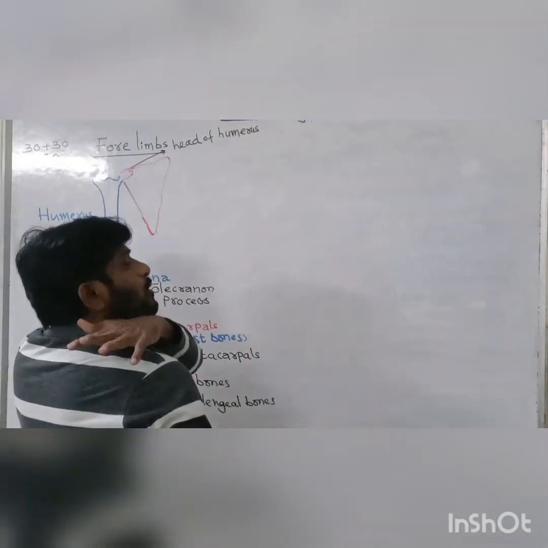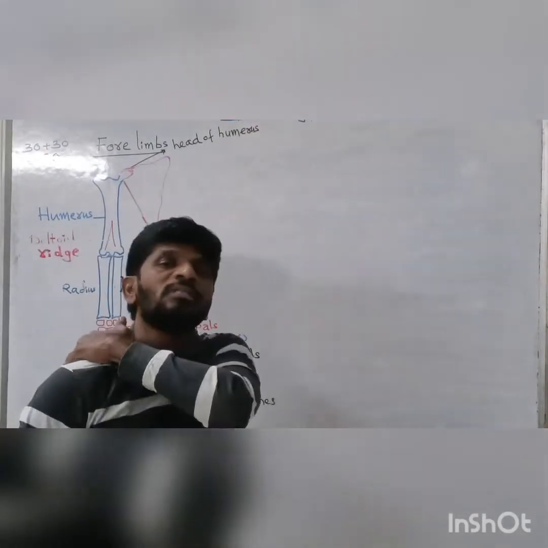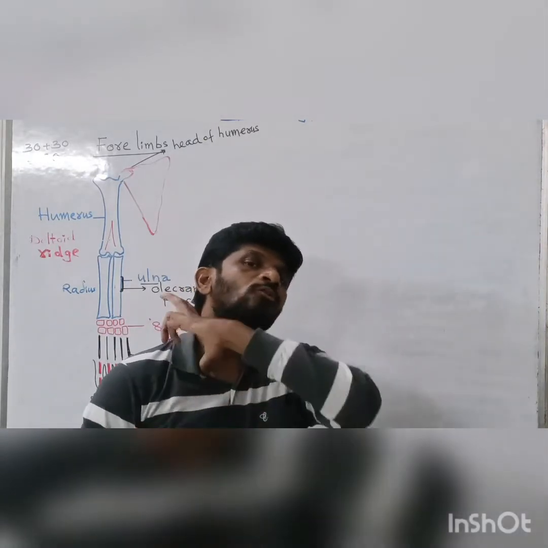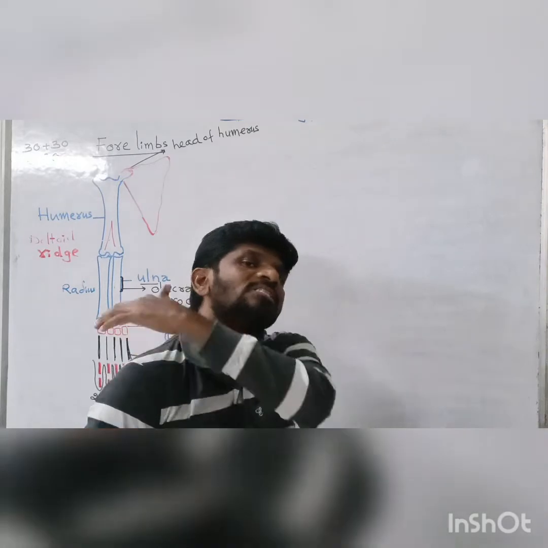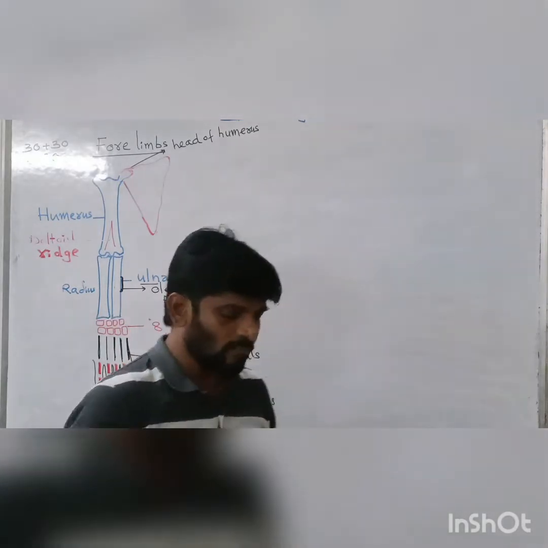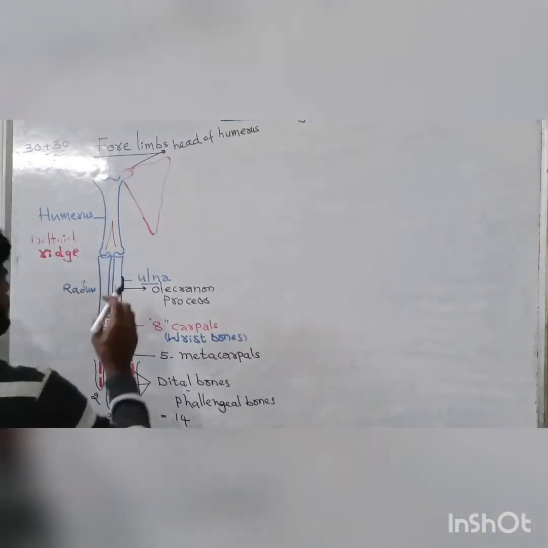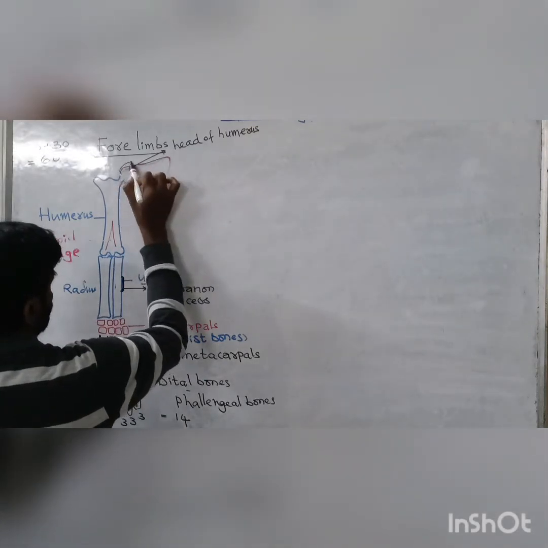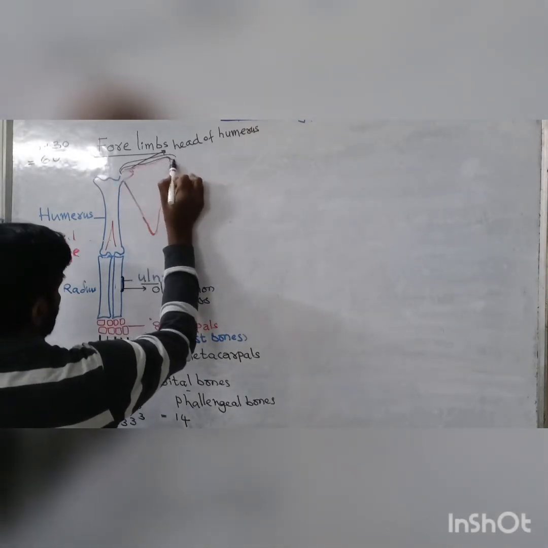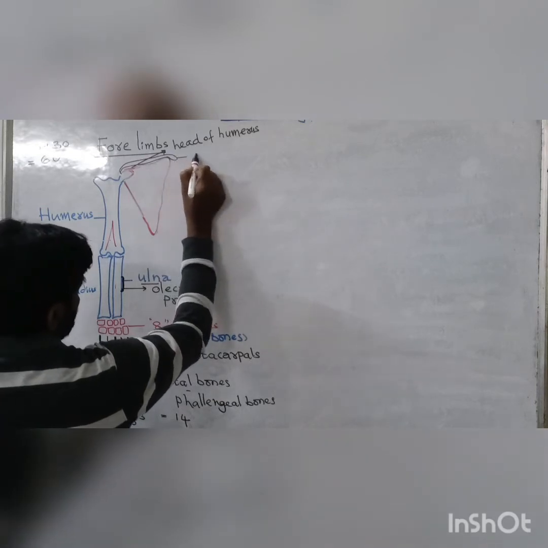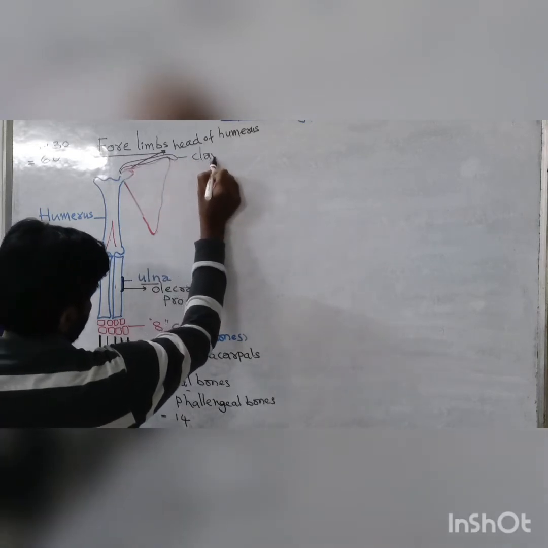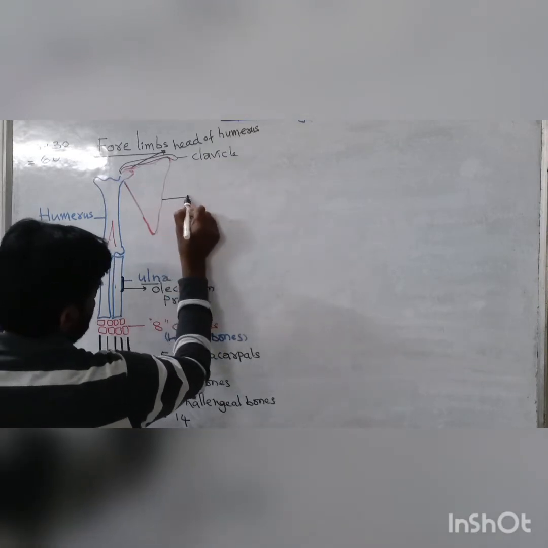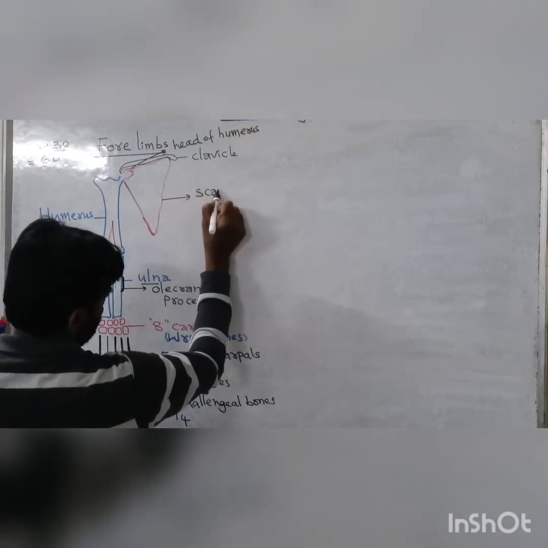This is one bone, scapula. There is another bone called clavicle. This is the clavicle, and this is the scapula bone.